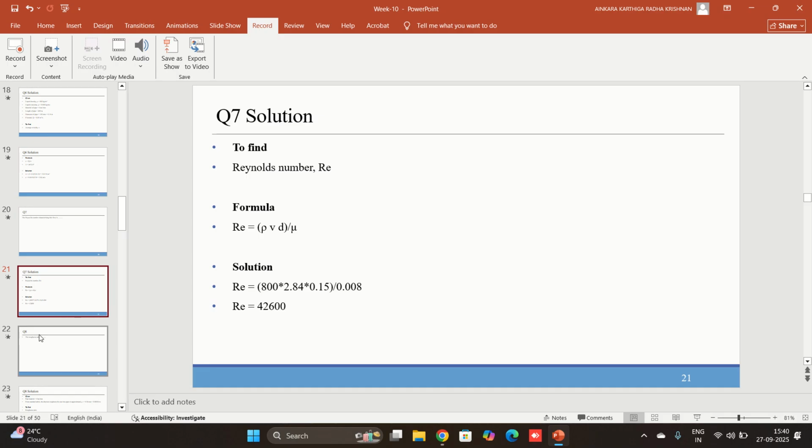Why do we calculate Reynolds number? To identify whether the flow is laminar or turbulent, like what is the nature of the flow. For identifying that only, we calculate the Reynolds number. In this particular question, Reynolds number came as 42,600, which is quite a high value.